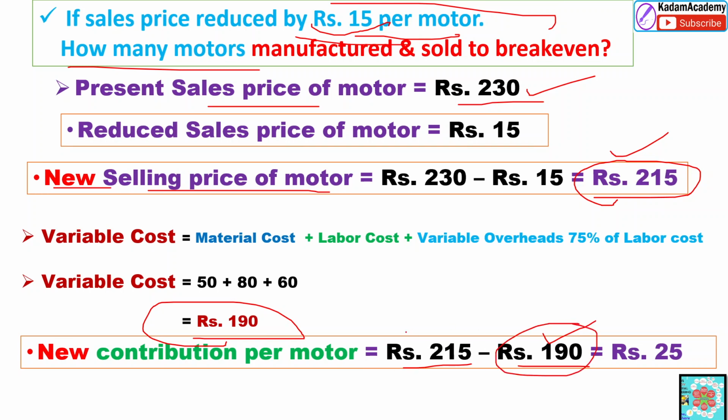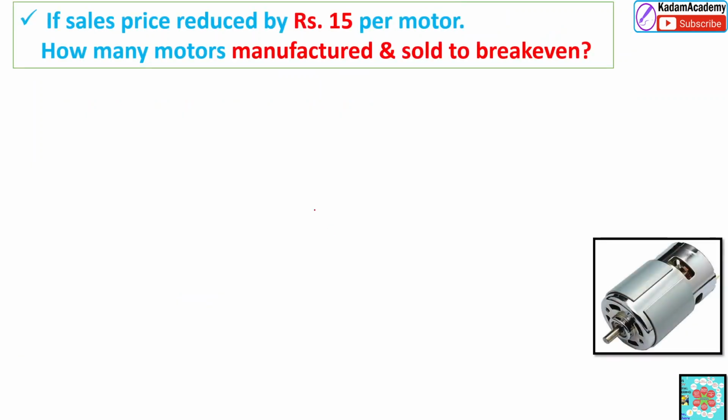After deduction of 15 rupees the sales price becomes 215, so this 25 rupees is the new contribution per motor. Before this, it was 40. Now it is 25.